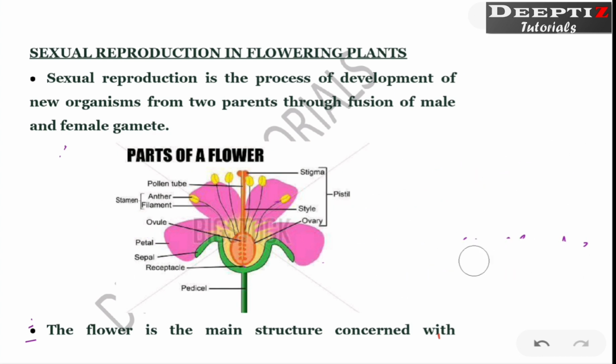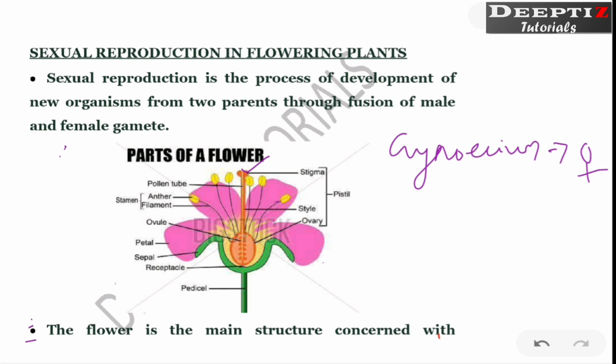Now a few more terms need to be understood. The first one is gynoecium. What is gynoecium? A group of pistils, or simply the female reproductive portion in group, we call it gynoecium. Here we have only a single structure, right?